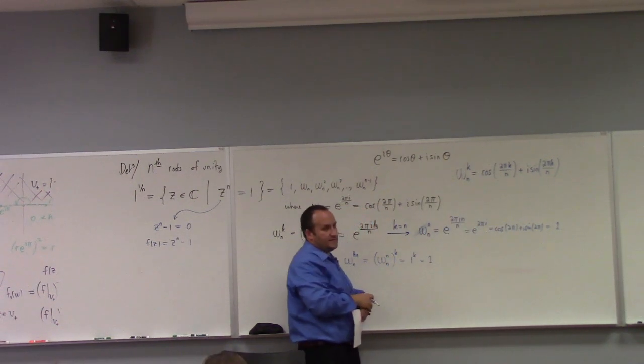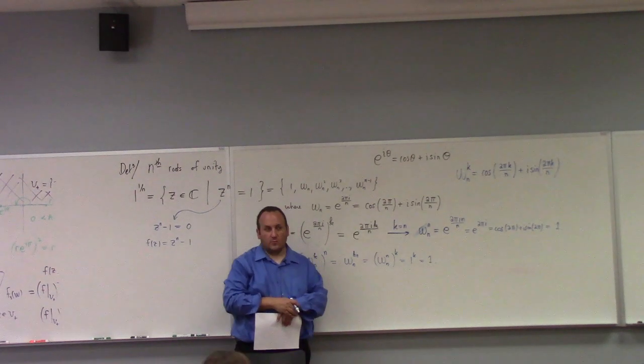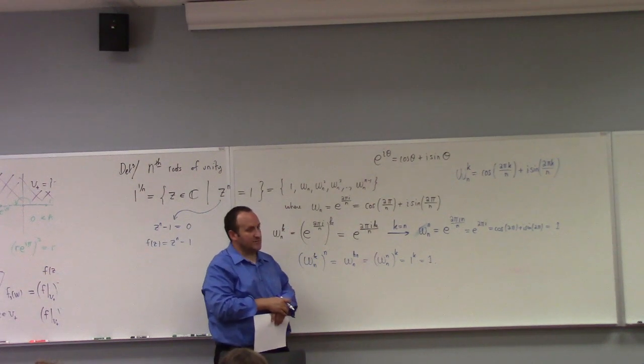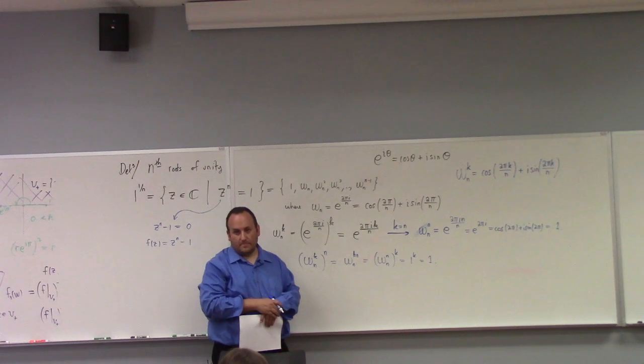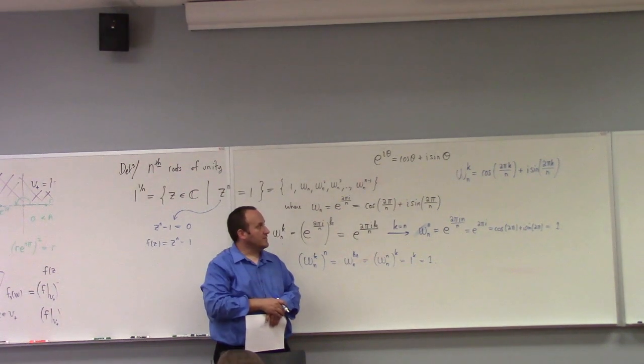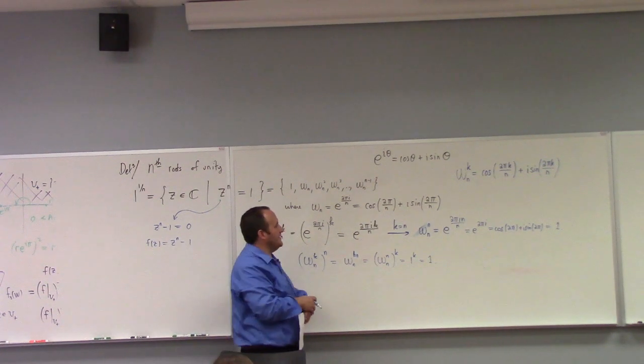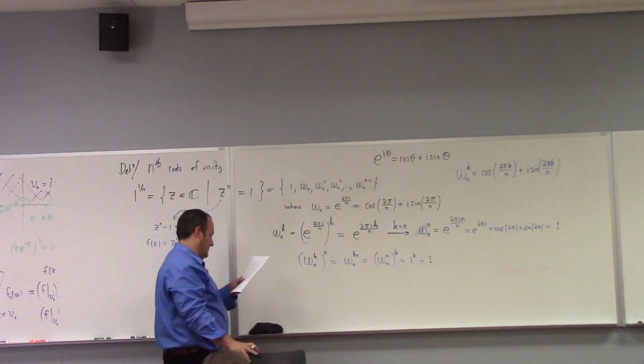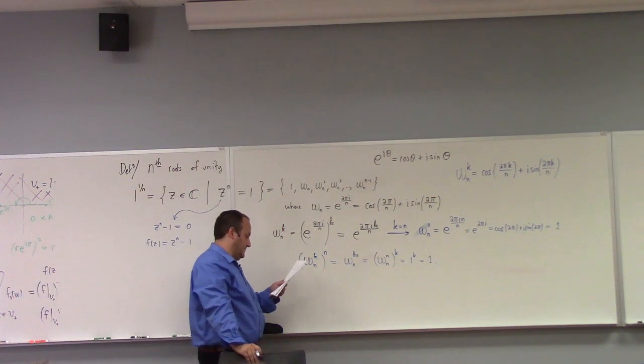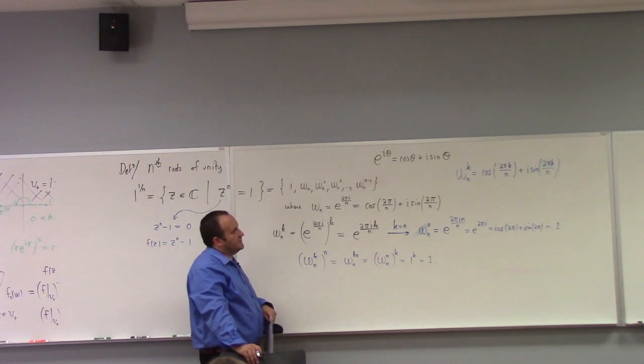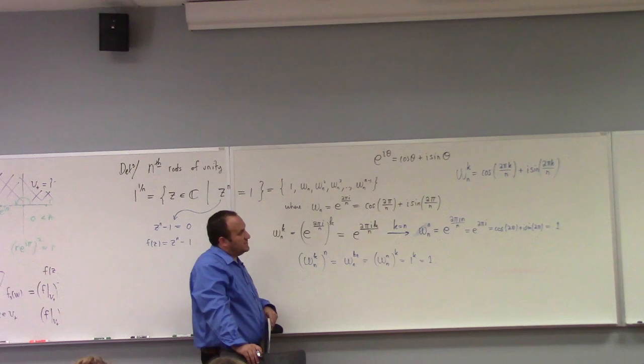So maybe you guys can just tell me why it is impossible for that to be equal to 1 if k is less than n.